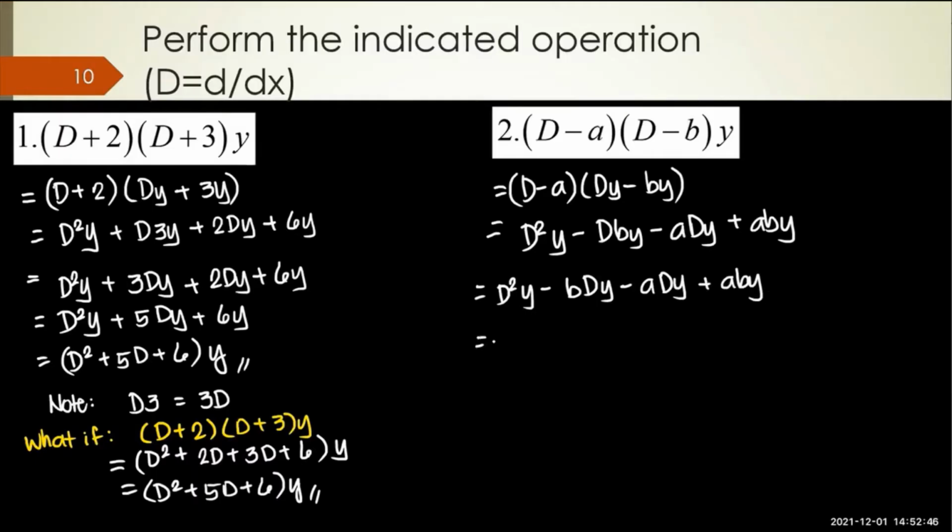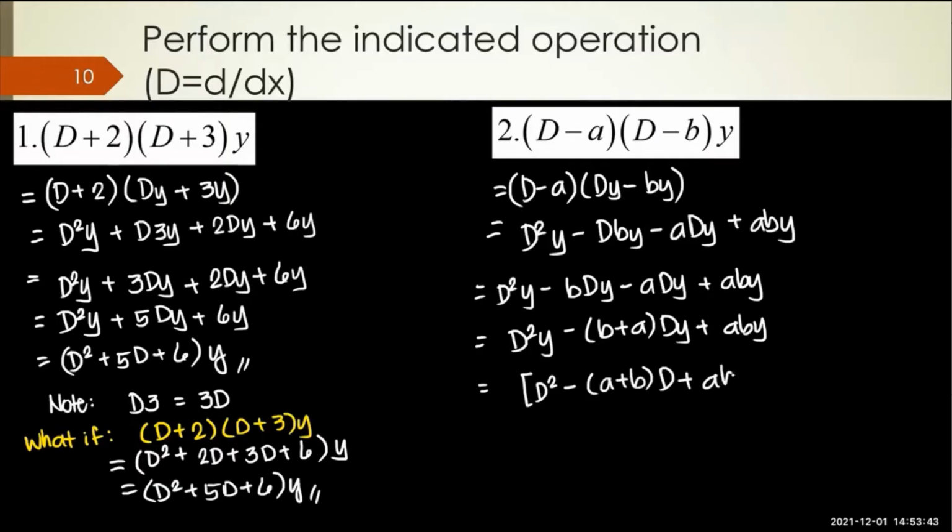And then if I factor out the Dy, I can say this is b plus a Dy plus a by. And lastly, if I want to bring out letter y, what I can do is this. D squared minus, this one can be written as a plus b, D plus ab, and then y.